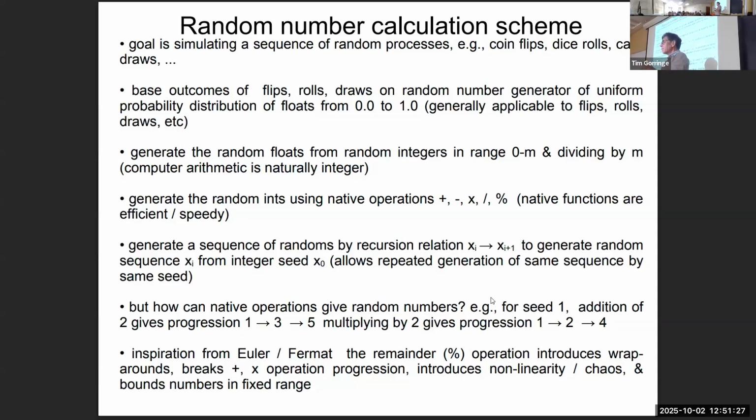We're going to do it with native or basic operations, in this case in Python, in other cases computer operations like multiplication and addition and so forth. We do that because those native operations are the language of the computer.